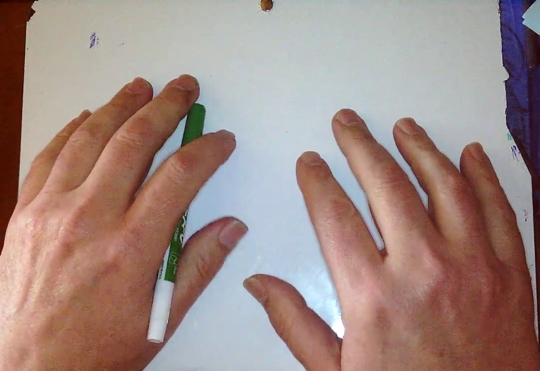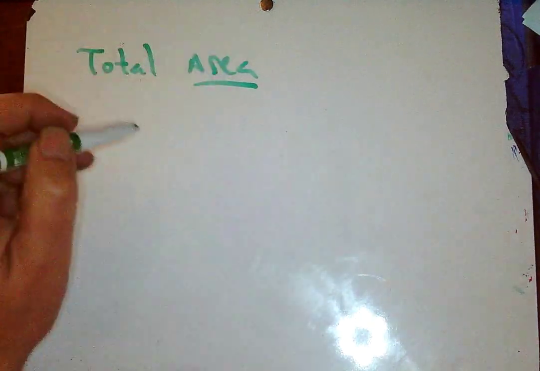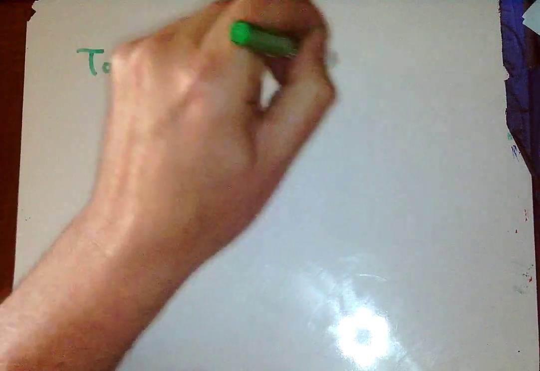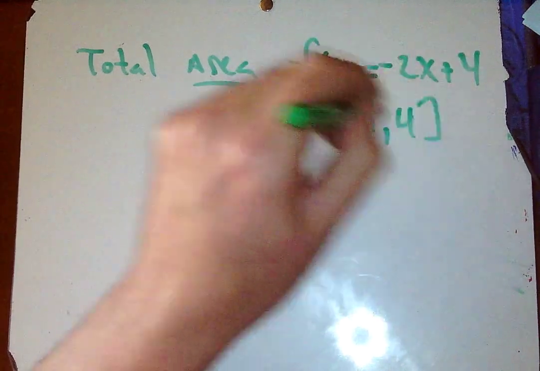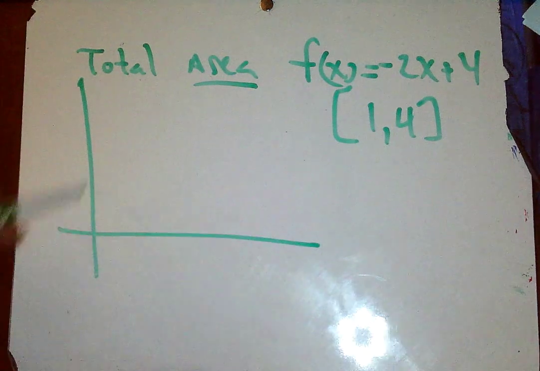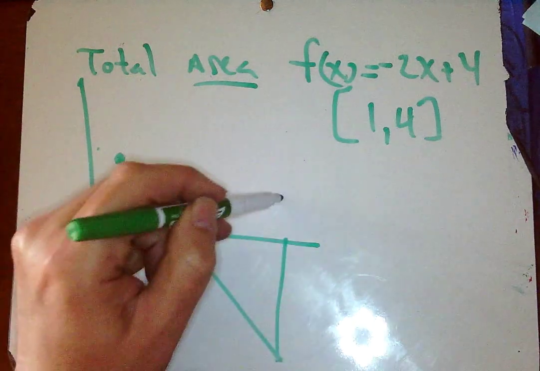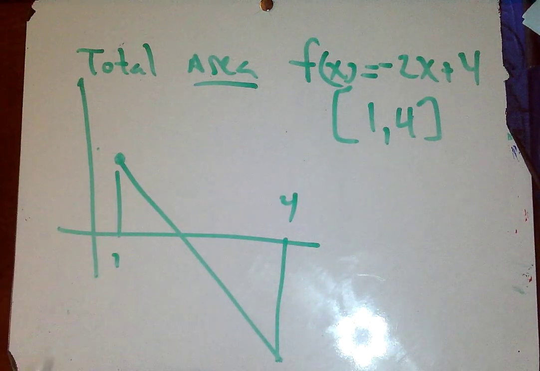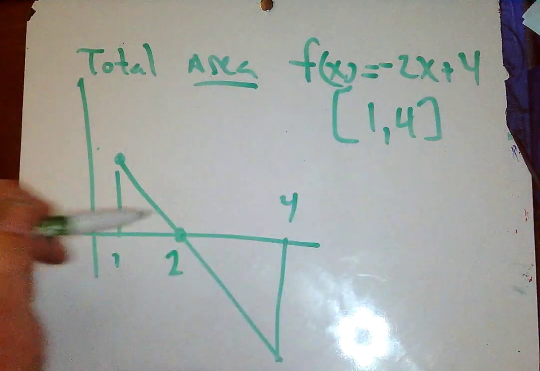But there's one other that people confuse with these two, and that is total area. Remember, area is always a positive number. And if I'm asking you for the total area, f of x equals negative 2x plus 4 on the interval from 1 to 4, what's the total area?